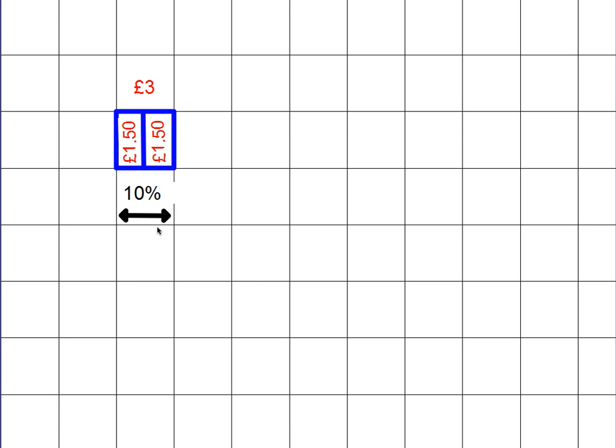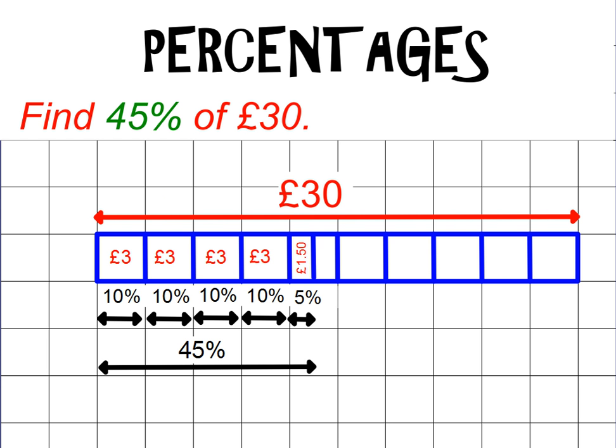To find 5%, we just halved 10%. Altogether, 45% was 4 10%s and a 5%. You can keep doing this and find all sorts of percentages. Have fun.